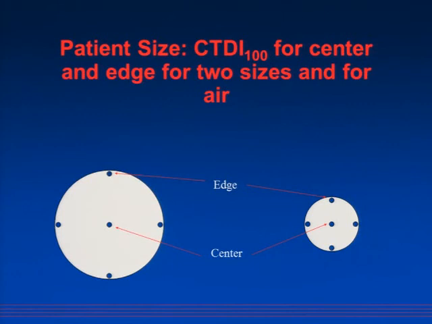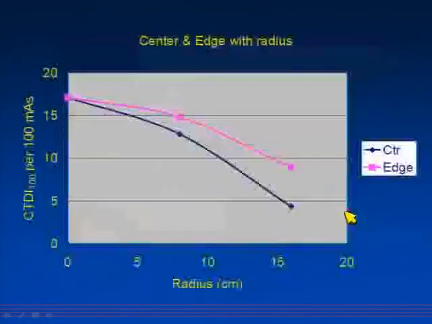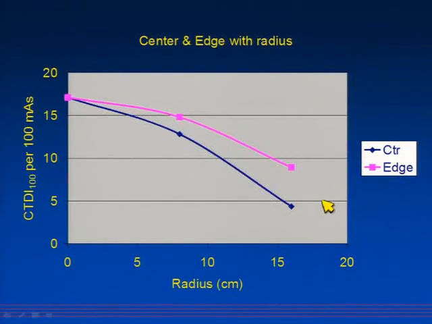Patient size. Well, CTDI100 we traditionally measure at the center and the edge, for two phantom sizes, and sometimes we measure in air. If you measure at the center and the edge, the center value is not always lower than the edge value, but it is in these situations.